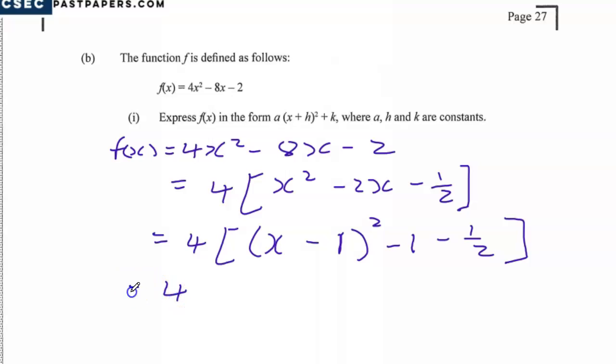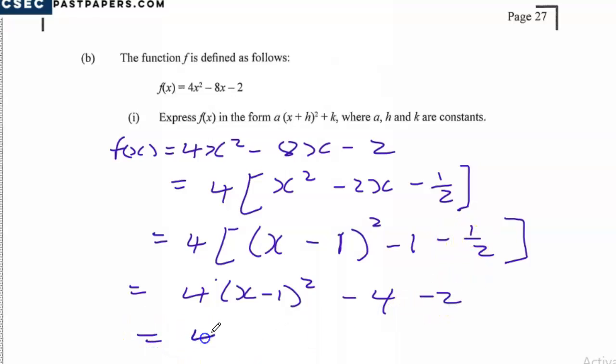So we have 4. We can redistribute the 4 now. So we multiply each term in the square bracket here by 4. So 4 times x minus 1 all squared. 4 times minus 1, that's minus 4. 4 times minus half, that's minus 2. So this is now 4 times x minus 1 squared minus 6.